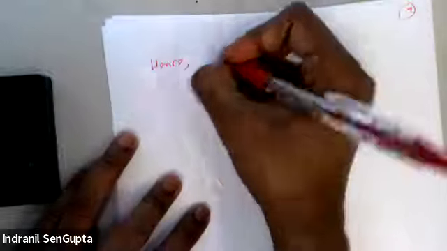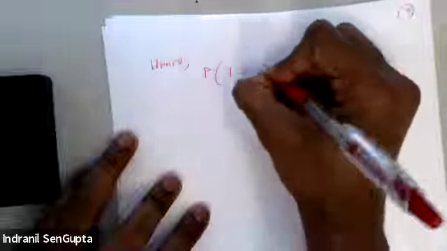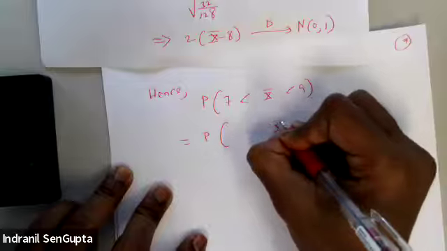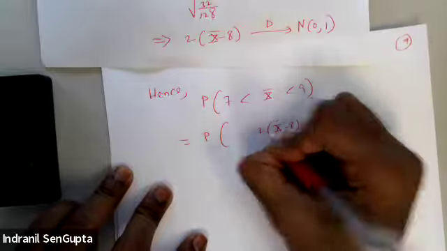So I'm trying to compute this probability, right? Let's write this down. Hence, the probability that we are trying to compute is the probability of 7 less than X bar less than 9. And I'm trying to match this with whatever we got. So we have (X bar minus 8) times 2, right? So I have to subtract 8 and multiply by 2 everywhere.